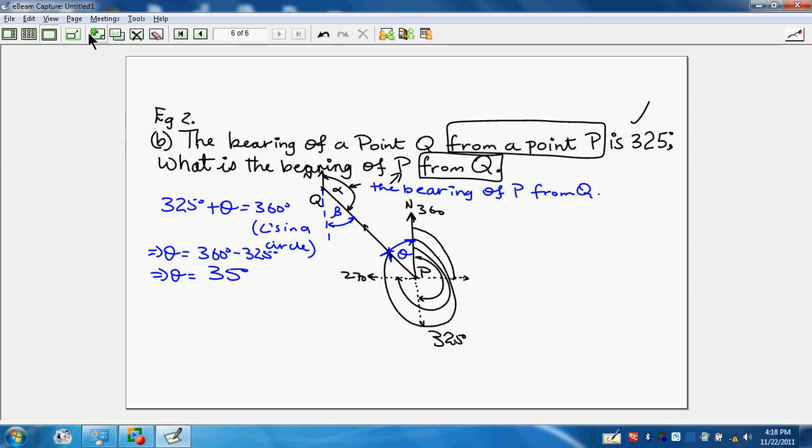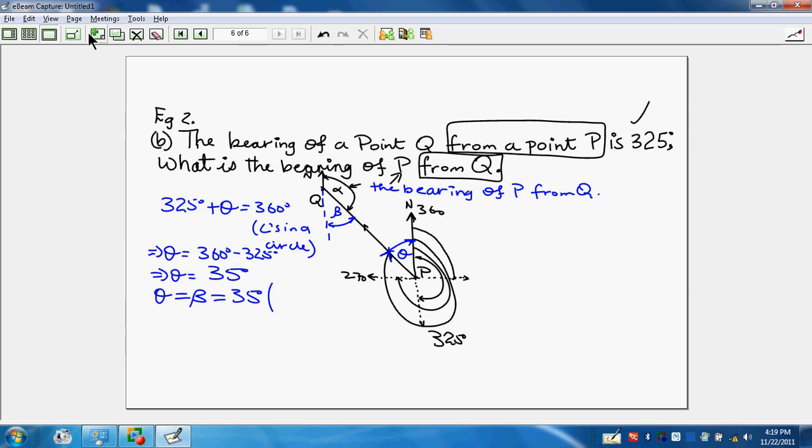Now, if we know angle theta, we also know angle beta, because beta and theta are inside of a special Z. And those angles are said to be alternate angles, and alternate angles are equal. So we could say that theta is equal to beta, and that therefore means that beta is equal to 35 degrees.